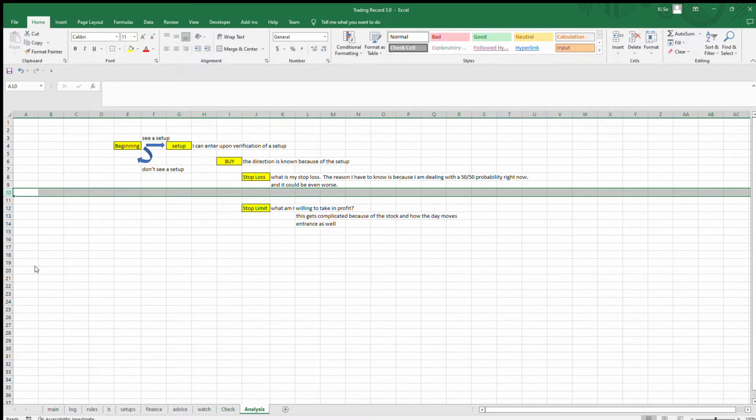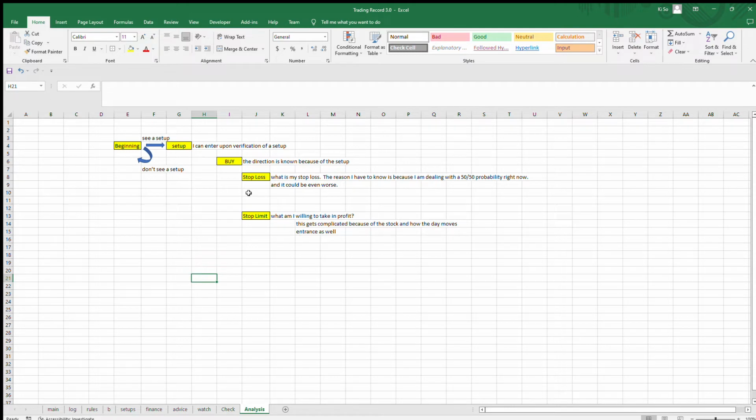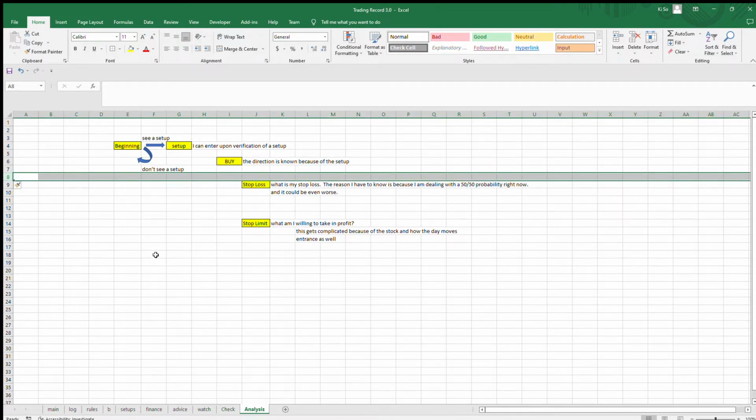This is called trade management. This area is entering into a domain called trade management.